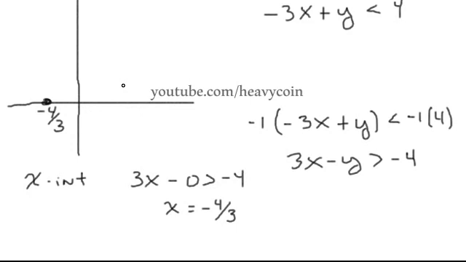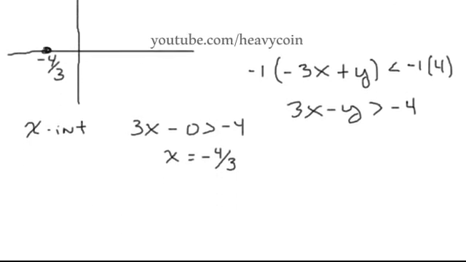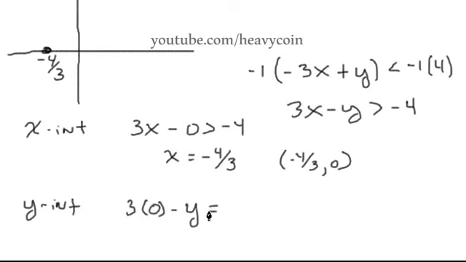Okay, so now let's find where it crosses the y-axis. That's when x is 0. So this is going to be the y-intercept. The point on the x-axis is -4/3, 0. For the y-intercept, when x is 0, we have 3 times 0 minus y, and I'm just going to write an equal sign here, so don't get confused.